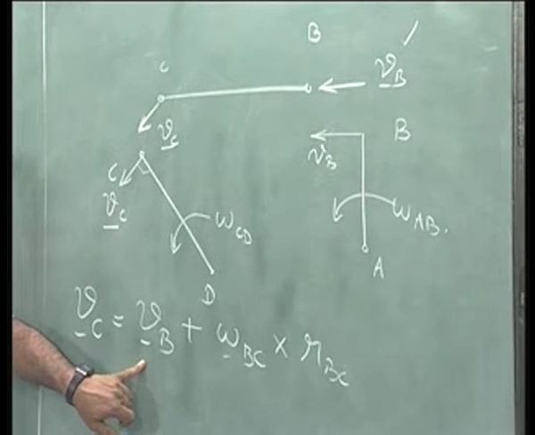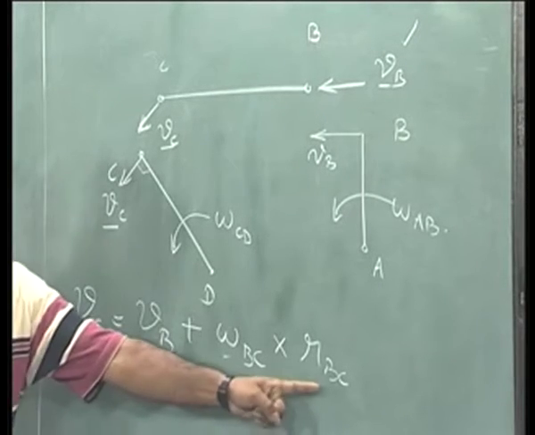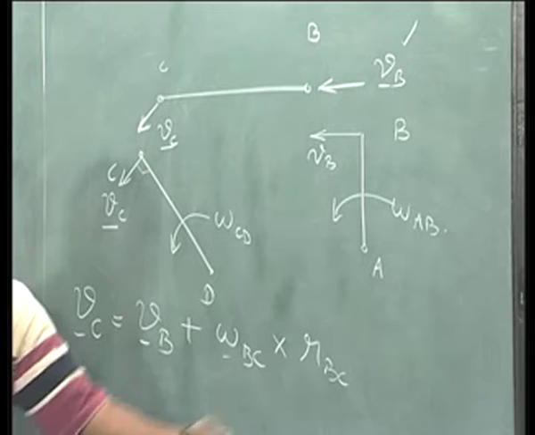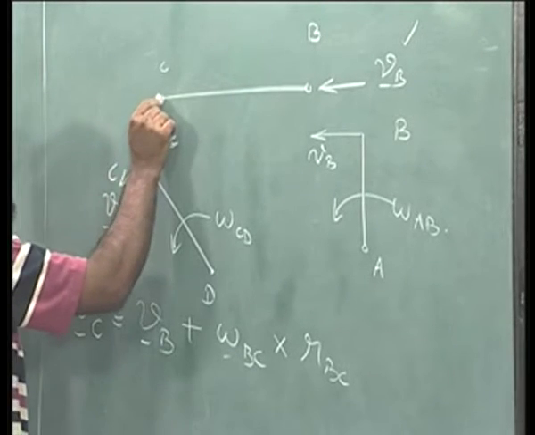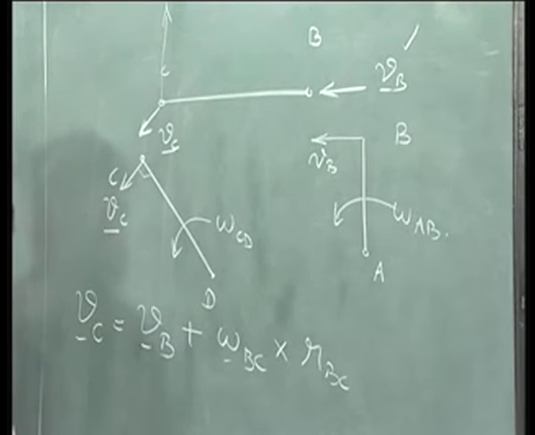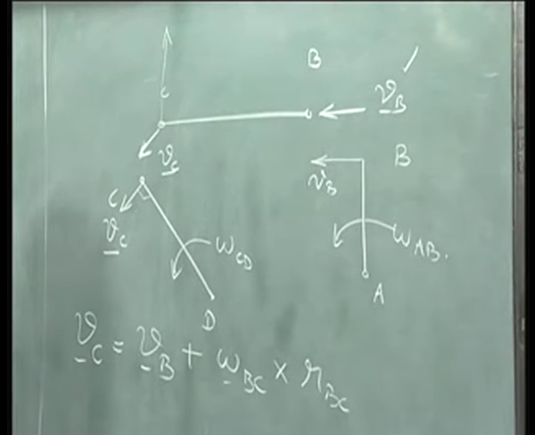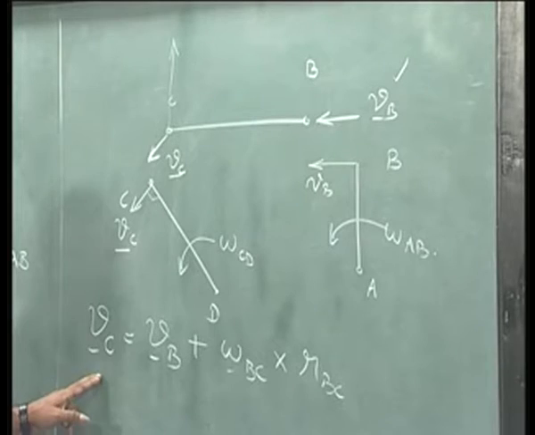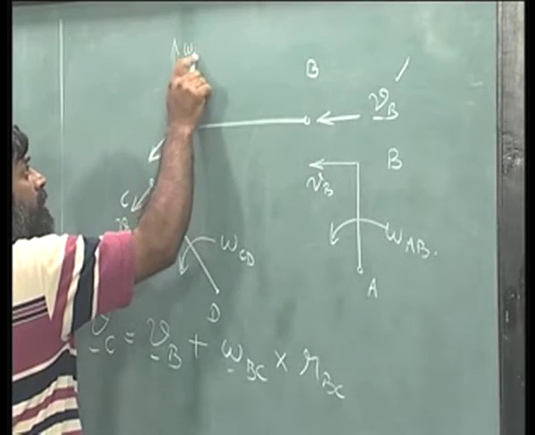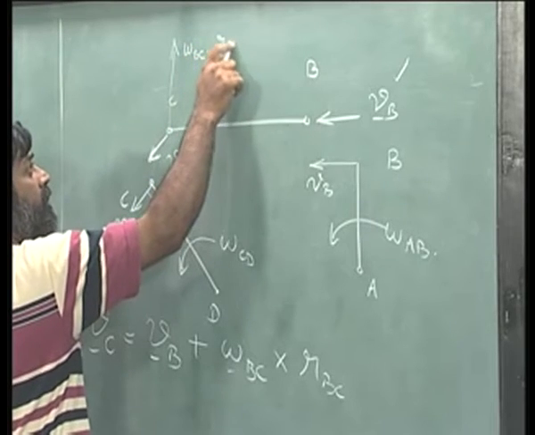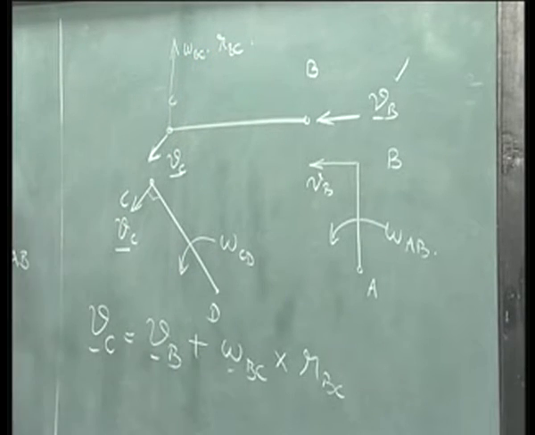VB is a direction. Supposing I need to find out only this component, it is in what direction? That is very simple, that component is along this direction. Remember I am talking about the component of VC, which is omega BC times RBC. Direction is along this.